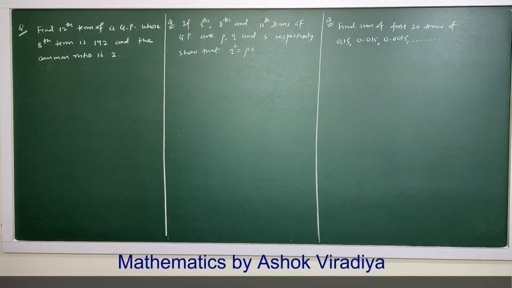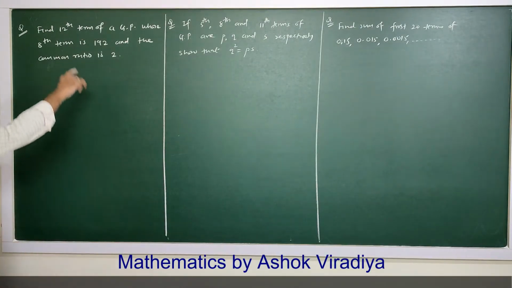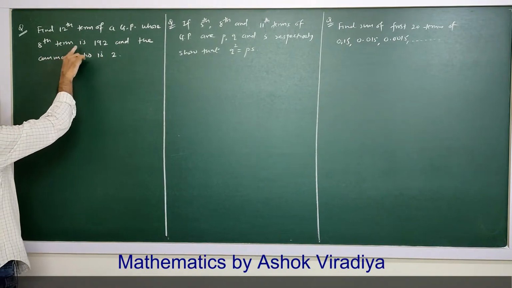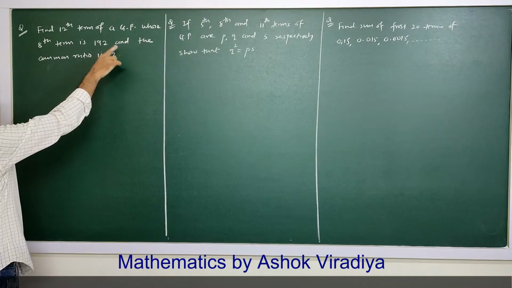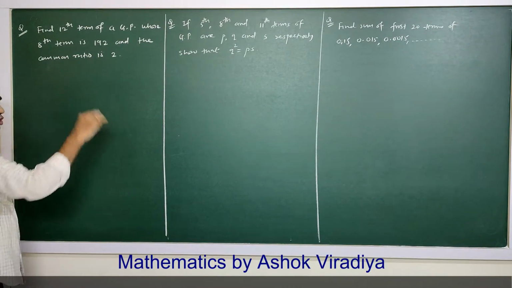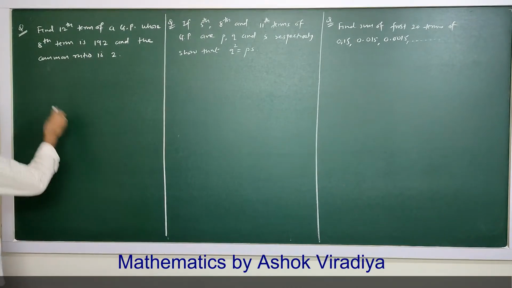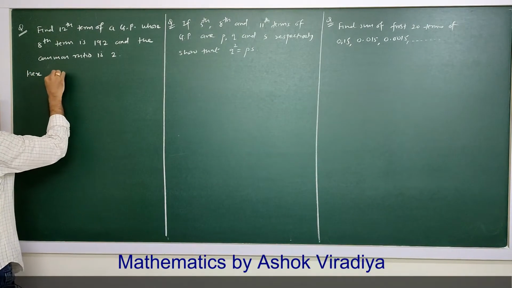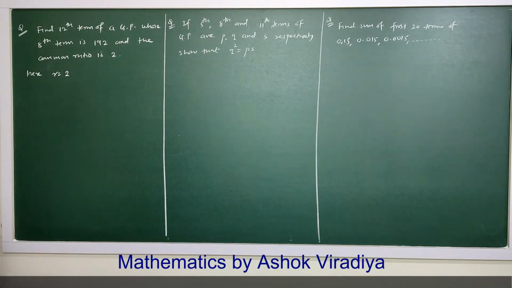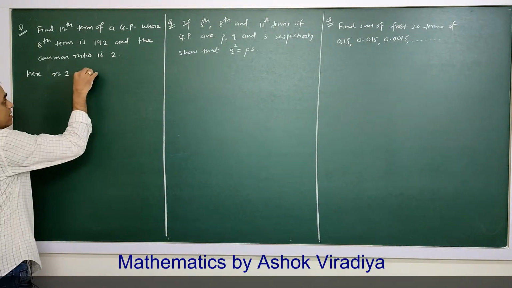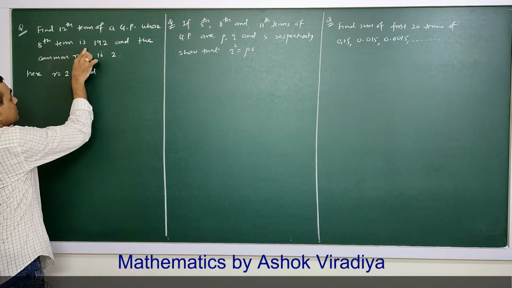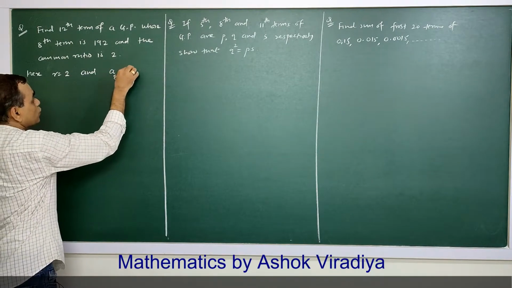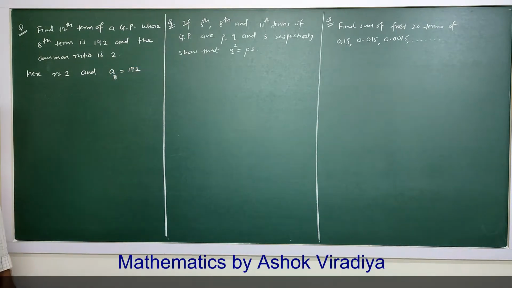Now the next question. Find the 12th term of a GP whose 8th term is 192 and the common ratio is 2. Here the common ratio is 2, that is R is 2, and the 8th term is 192.